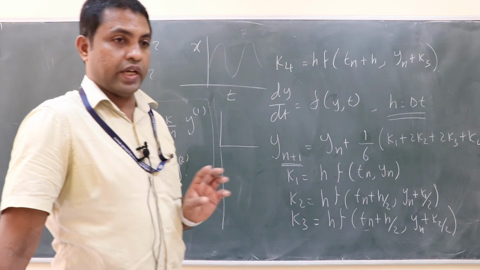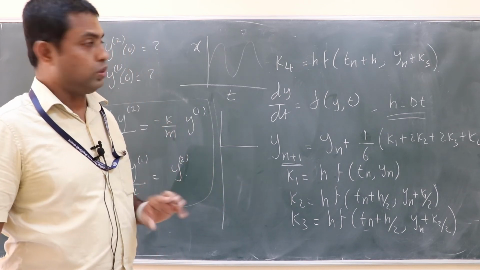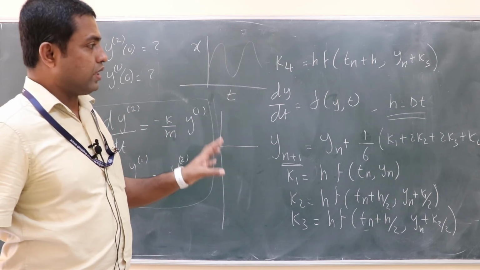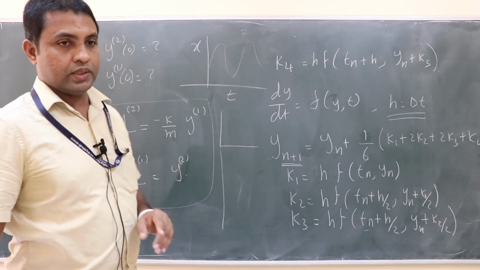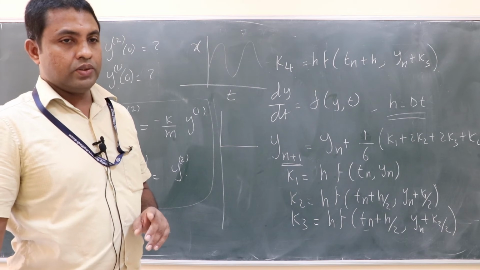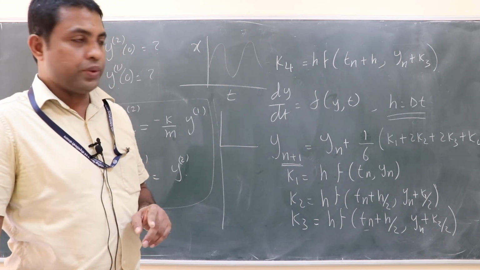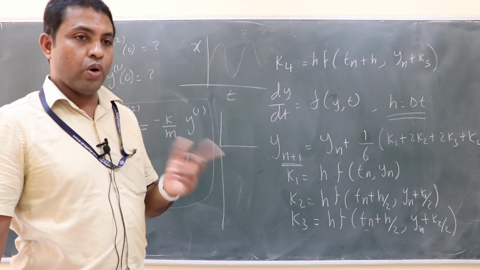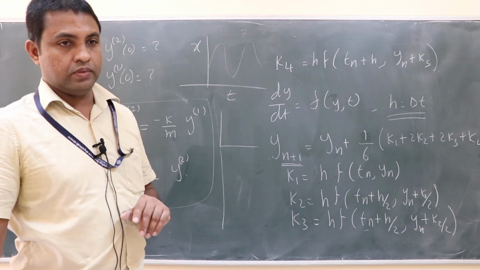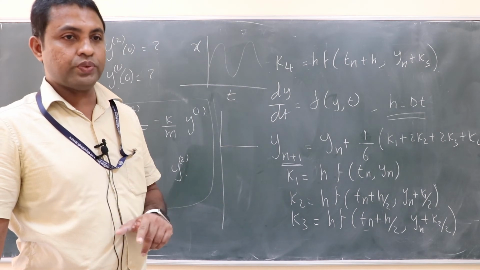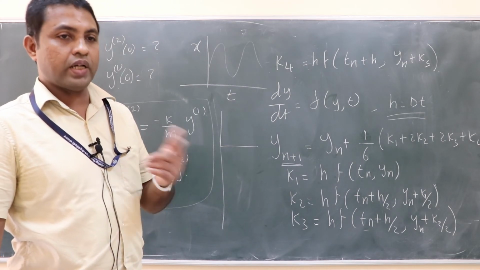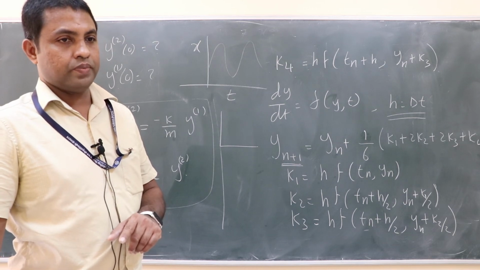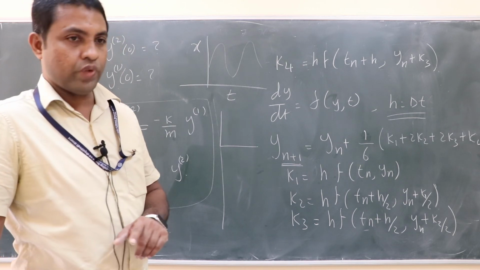One k1, k2, k3, k4 for y2 calculation, another k1, k2, k3, k4 for y1 calculation. So first, when you calculate k1, you have to calculate k1 for both y1 and y2. Then go to the calculation of k2. Then go to the calculation of k3 and k4. Fine.